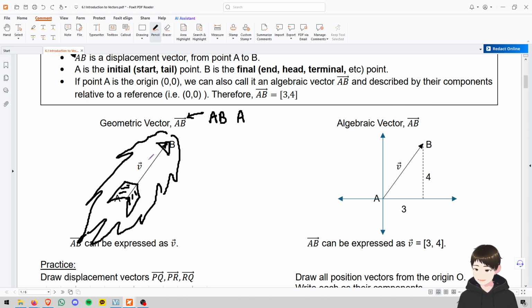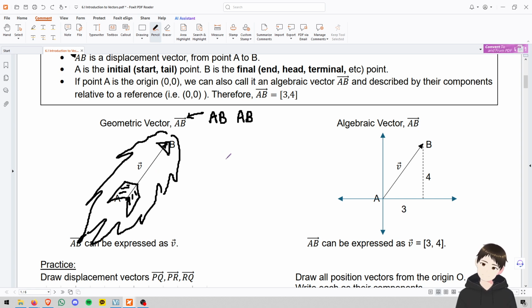It's just some arrow in space. Okay, and for the sake of mathematical calculations, that's sort of useless to us, right? It paints a picture, but it's a little bit tougher to calculate right away.